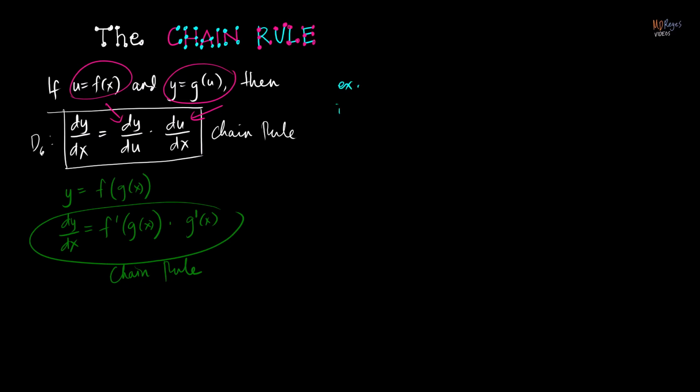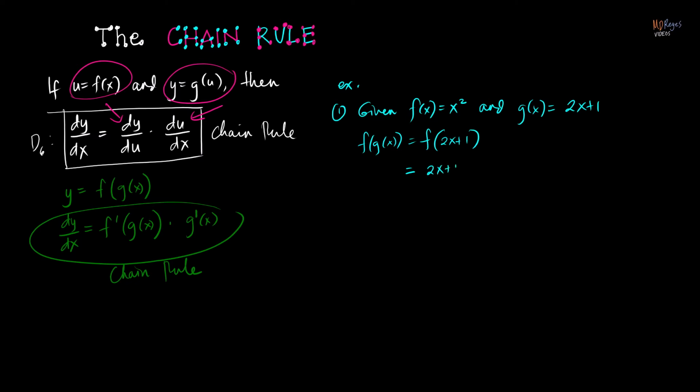Say for example, given f of x equals x squared and g of x equals, let's just have 2x plus 1. What is f of g of x? So that is f of 2x plus 1, right? So it's actually equal to 2x plus 1 squared.